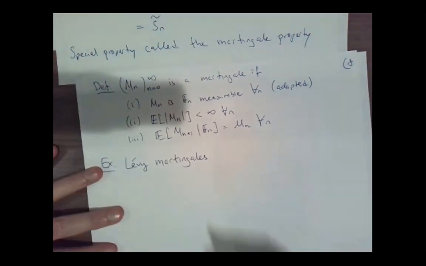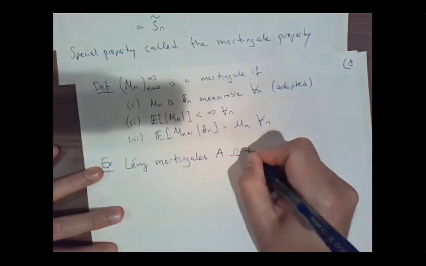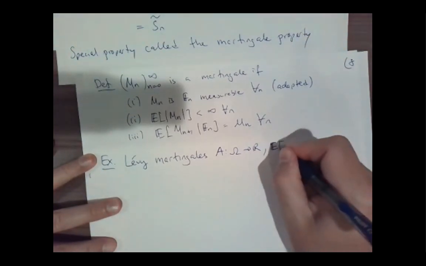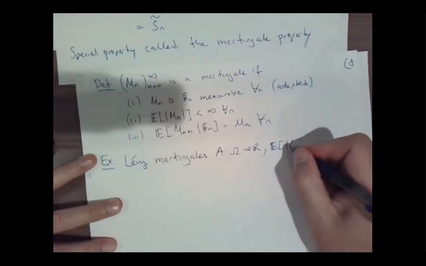And so what you do is take a random variable. I need it to be integrable. This integrability is not going to come for free. It has to come from somewhere.